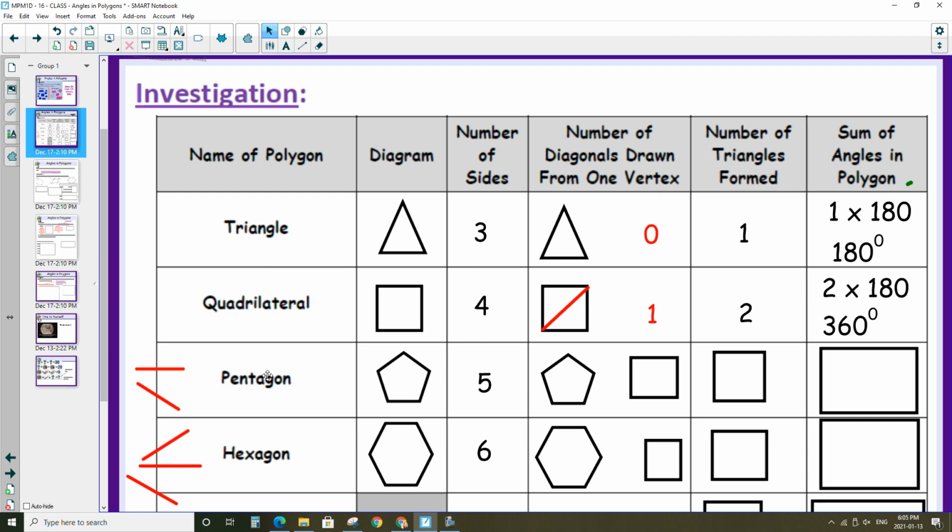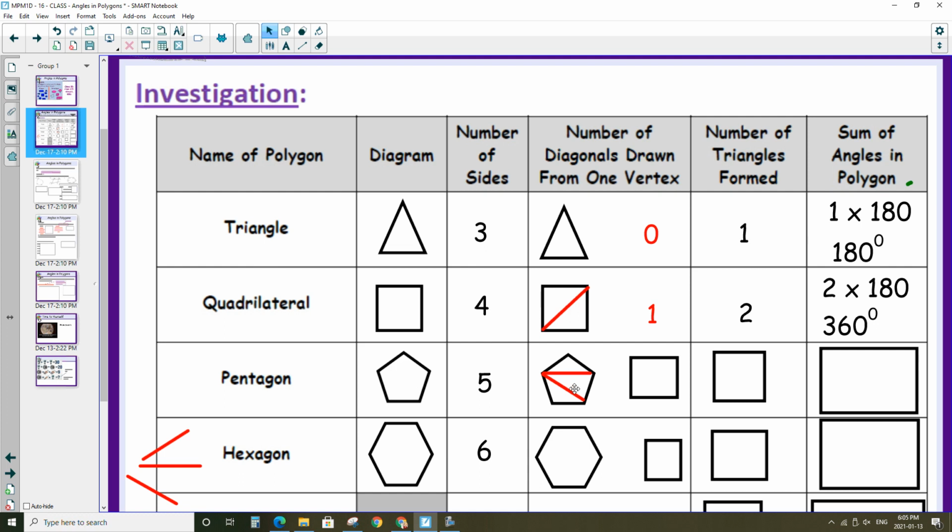Let's do the same thing for a pentagon. Let's draw diagonals. Pick a vertex. I'm picking this vertex here. I'm drawing a line across to another vertex. I can also draw a line from this vertex to that vertex down here. So pick a corner and then draw as many lines as you can to the other vertices.